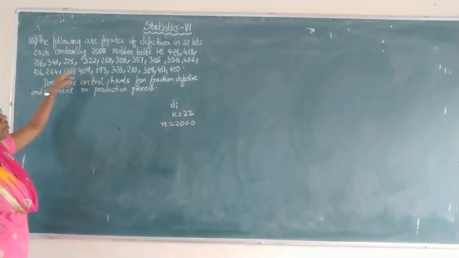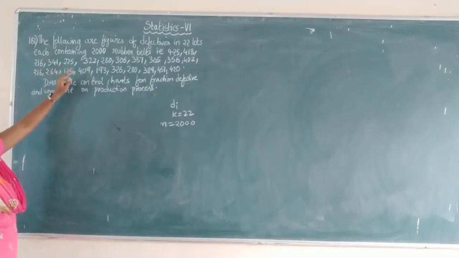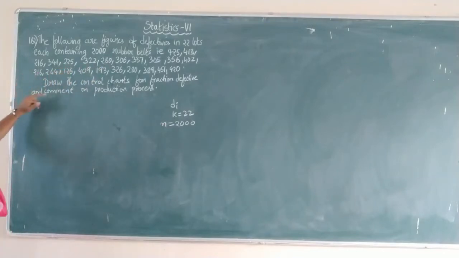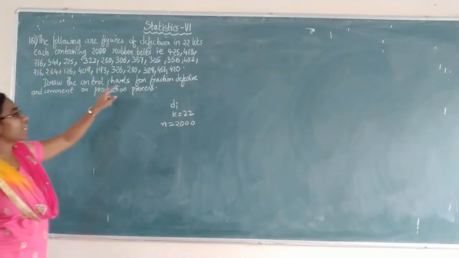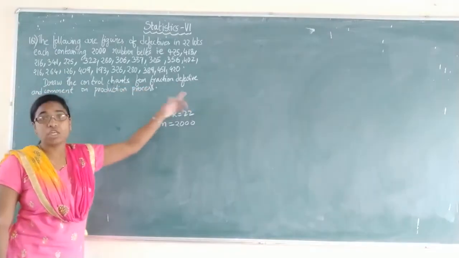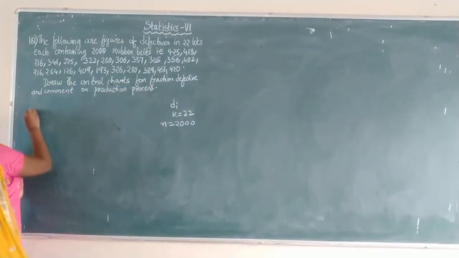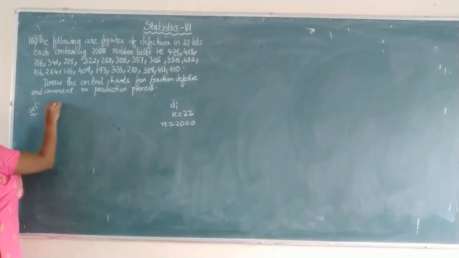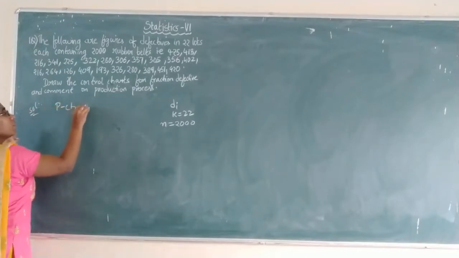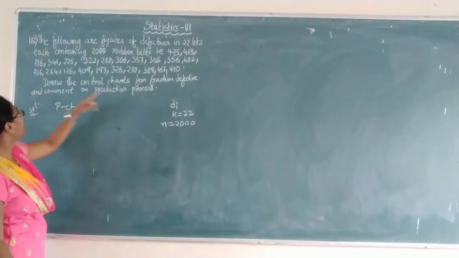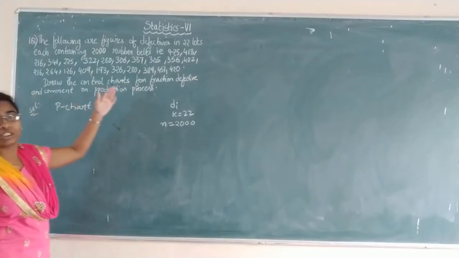These are all the given 22 DI values. For these values we need to draw the control chart for fraction defective. Fraction defective means we need to construct the P chart, and comment on the production process.